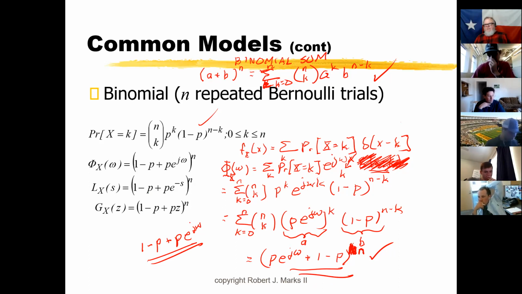What did the characteristic function tell you about adding up a bunch of random variables? What do you do in the frequency domain? You multiply the characteristic functions. So we are taking the characteristic function of the Bernoulli and multiplying it by itself n times, or equivalently raising it to the nth power, in order to get the characteristic function for the binomial.